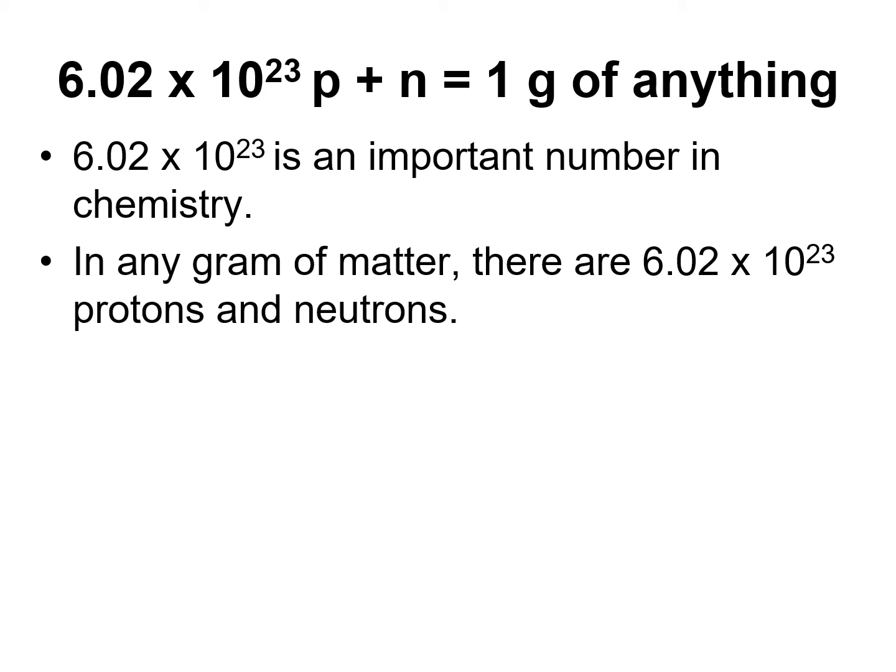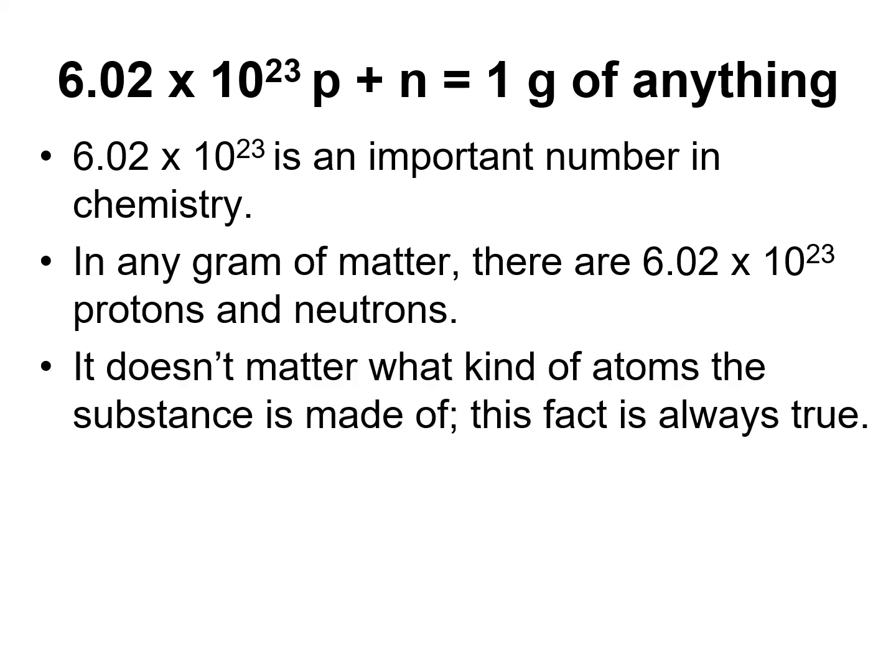In any gram of any substance, there are 6.02 times 10 to the 23rd protons and neutrons. That's an equivalence that we can use to convert between mass and counts. It does not matter what the element is that you're looking at. This is the same number for all substances.